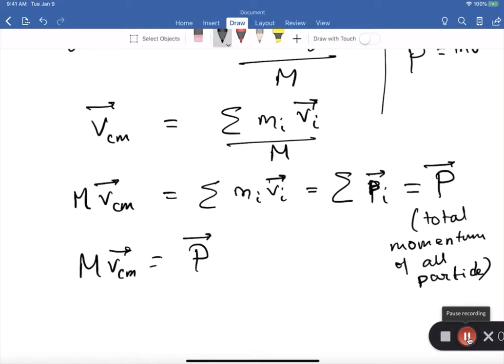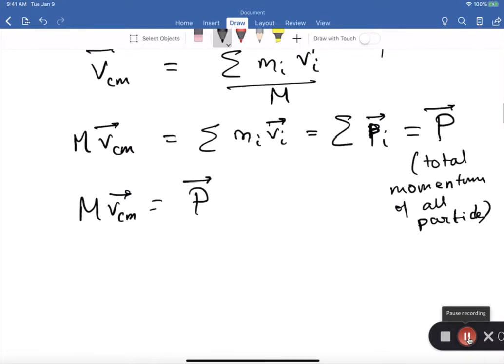So a single particle of mass M moving with velocity vcm can represent the whole system. And that is what we talked about in the beginning of this lecture, that the center of mass is that one point where, if you assume that there is a single mass capital M located over there, then it represents the entire system. And that's what this equation is telling us.